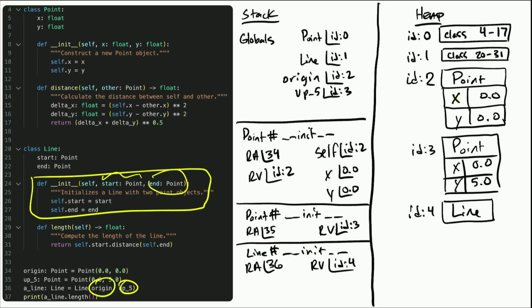When we look at what is origin, origin is ID2. So start is going to be ID2, right? Start is ID2, and we look at end, and end is going to be ID3. Right, so that's up5 in globals. And we've initialized this. So we're returning this reference ID4 back to line 36.